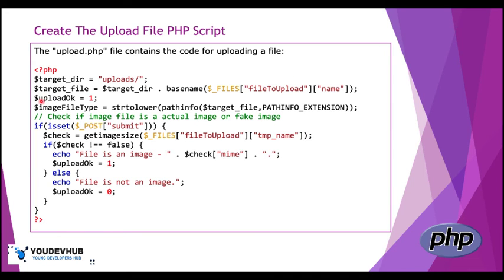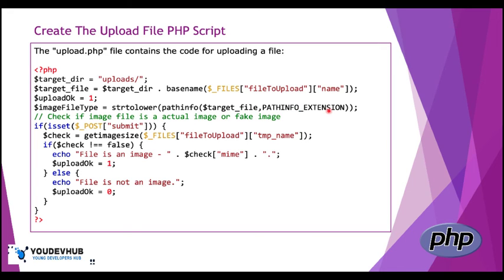Now then we have a status called uploadOk equals 1. Then we also have another one, the imageFileType. Now this imageFileType helps us to know the extension of the image. So we have strtolower, pathinfo, target file, and PATHINFO_EXTENSION.